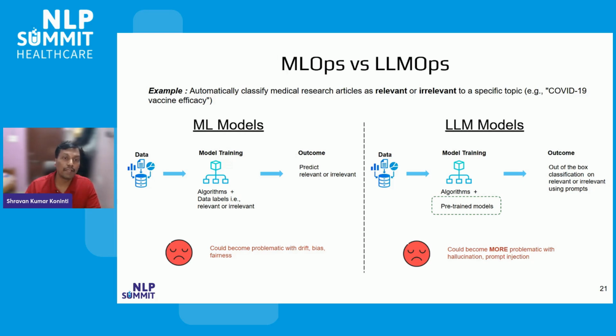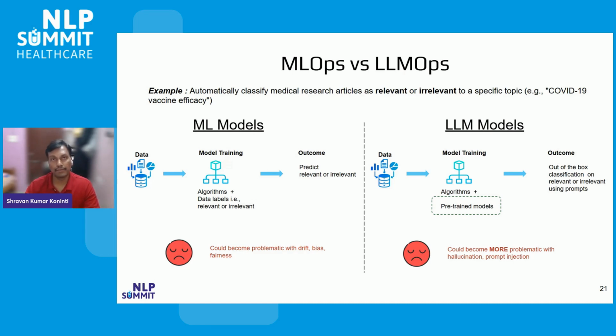Along with that, we will have certain data labels that are mandatory for model training, right? So in this case, the data labels are relevant or irrelevant. Now, how do you get the outcome? You run the model. Maybe you use some supervised technique models like random forest or XGBoost, anything, and then you get an outcome, right? But in the case of LLM models, the workflow remains the same.